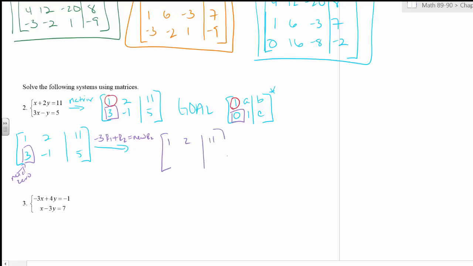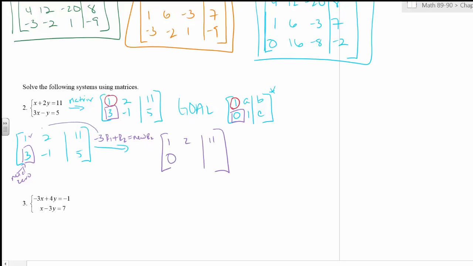It's just going to change when I multiply and add. And remember, you only change one row at a time. So you're allowed to multiply and then add and keep the original row that you multiplied. So negative 3 times 1 is negative 3. Add it to 3 below, and you get 0.